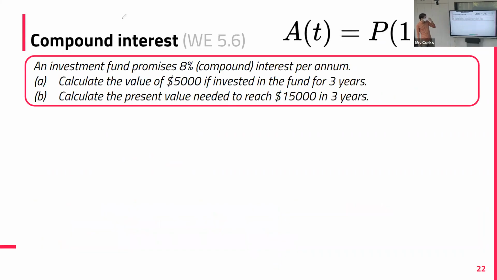Okay, so we'll go through this example first. Simple interest, it's pretty simple. We're just adding the same number each time. It's like the arithmetic sequences. So we'll spend a bit more time on compound interest instead. So here's the situation. There's the formula. Trying to calculate these two things.